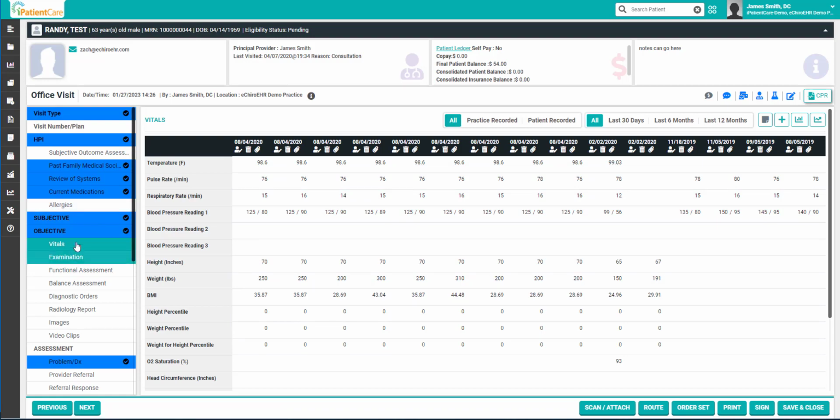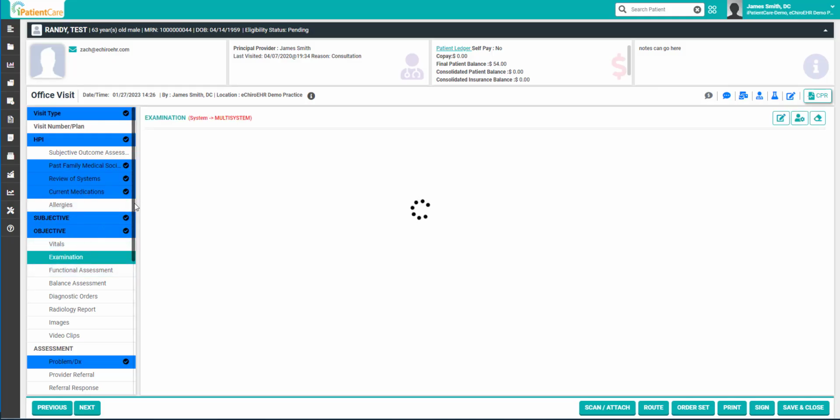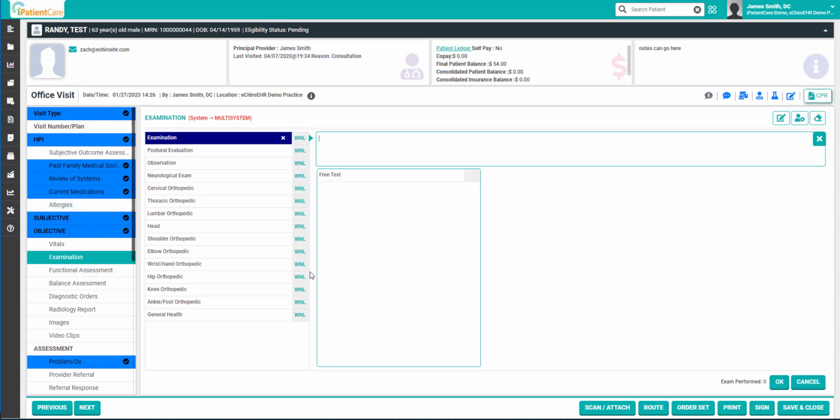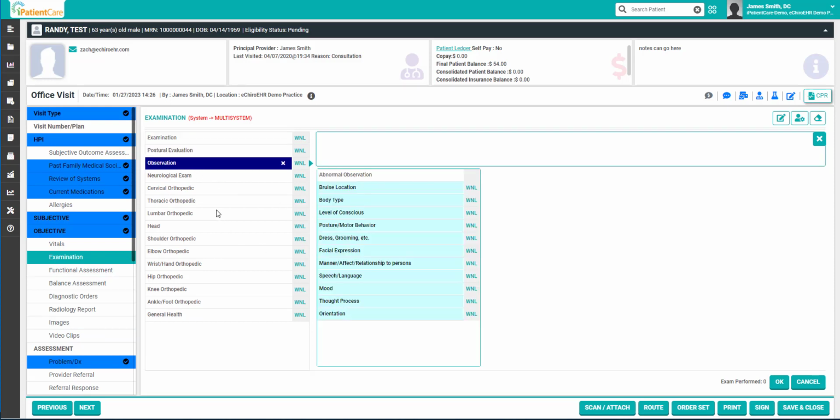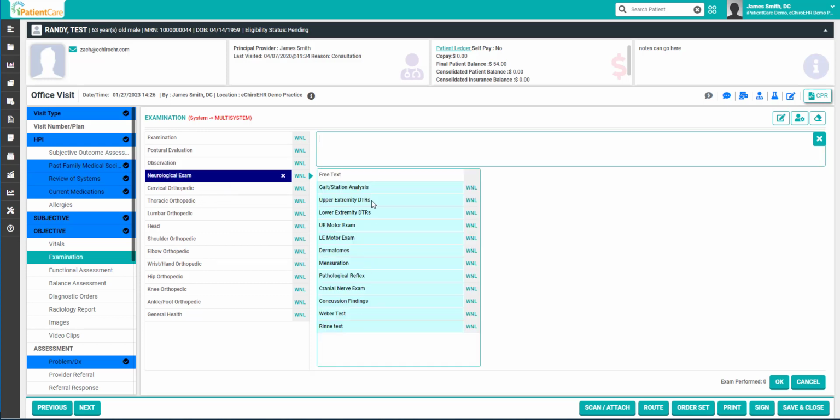Then we move on down to examination. And you'll notice that we move, again, top down, left to right. And so we are working our way through, on the left-hand side of the screen here, our note to make sure that we cover everything that we need to cover on this particular visit, which, again, is an initial visit evaluation. And so we're finally into the exam area, and here's where we can document the postural evaluation, our observation of the patient, the neurological exam of the patient.